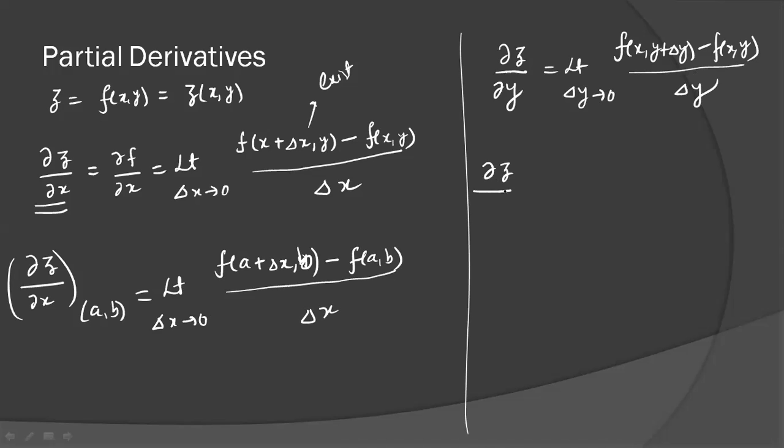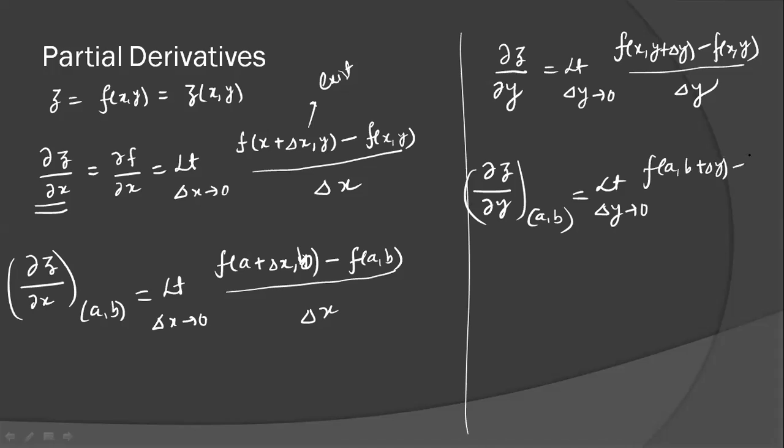At the point (a, b), it becomes limit delta y tending to 0, f of (a, b plus delta y) minus f(a, b) over delta y. So these are the definitions of partial derivatives with respect to x and y, provided these limits exist.